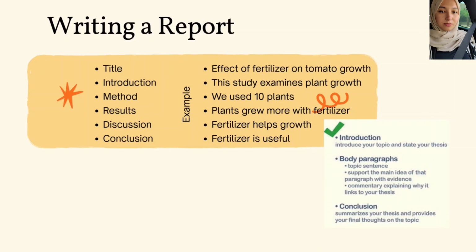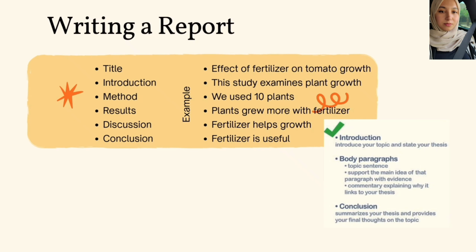Now, how to write a report. A scientific report has 6 different parts: the title, introduction, method, result, discussion, and conclusion. And here are some examples. First example is about title: Effect of fertilizer on tomato growth. The second example, as introduction: the study examines plant growth.